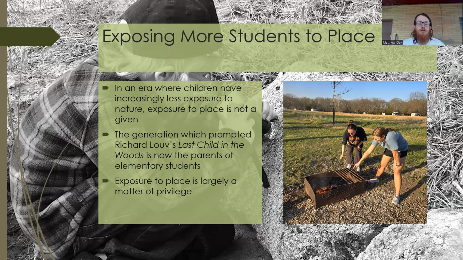A point I like to try to make, the iconic work in this area is Richard Louv's The Last Child in the Woods, right? And he lays out this strong argument for how many fewer children are being outdoors. And if you really think about his work, that published in 2005, the generation he's discussing, because he was discussing about 10-year-olds at the time, are the parents of elementary students right now, right?